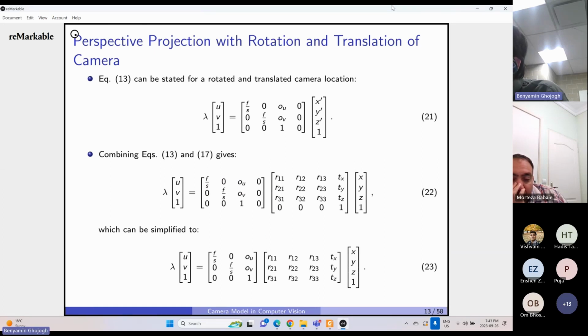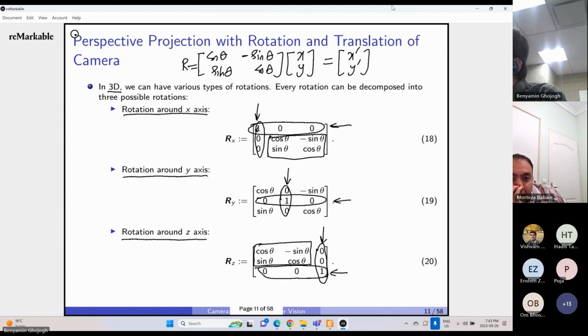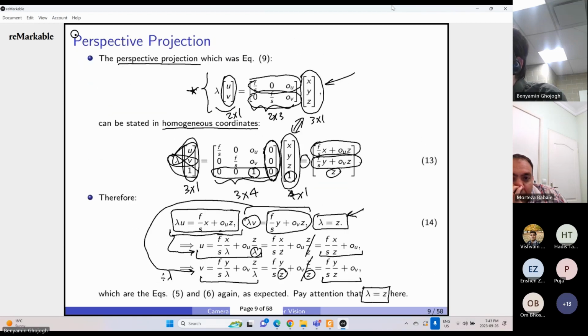Let's move on, and so equation 13 can be stated for a rotated and translated camera location. So recall equation 13. This is equation 13, right? The coordinates here were x, y, and z in homogeneous coordinates.